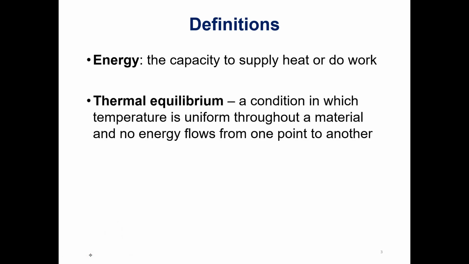At the point where the temperature of a substance is uniform throughout, and there is no energy flowing from one point to another, we call that thermal equilibrium. So at that point, both sides have the same amount of heat energy, so there's no heat energy flowing from one side to another.